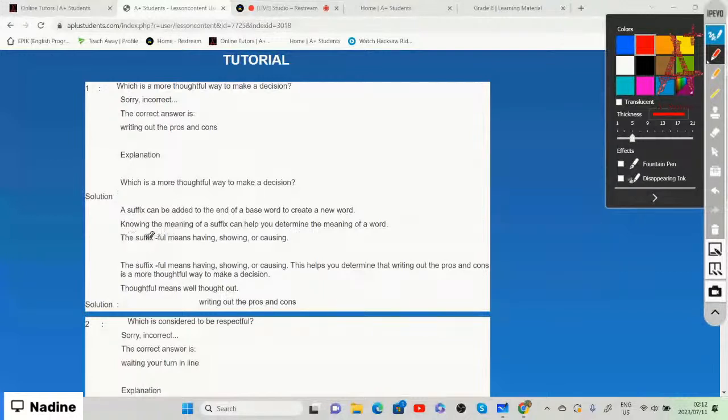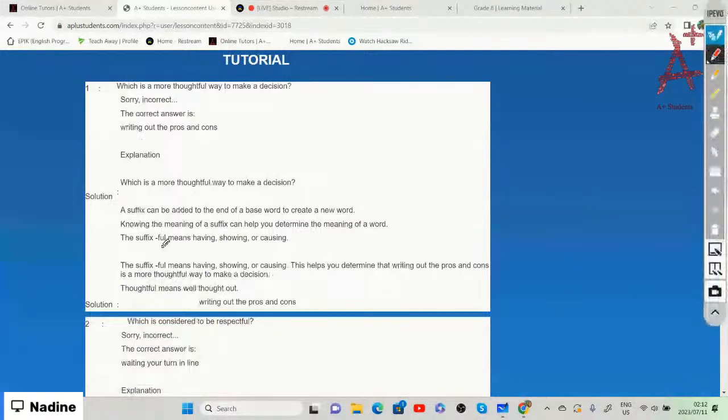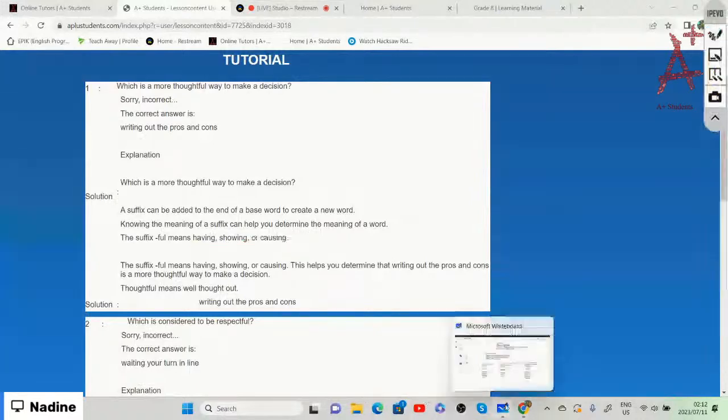Then the first word we have is full, right? So the suffix full, F-U-L, means having, showing, or causing, right?